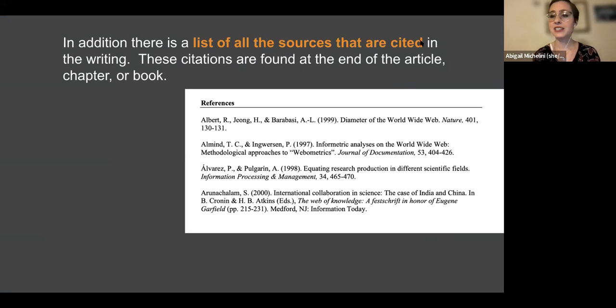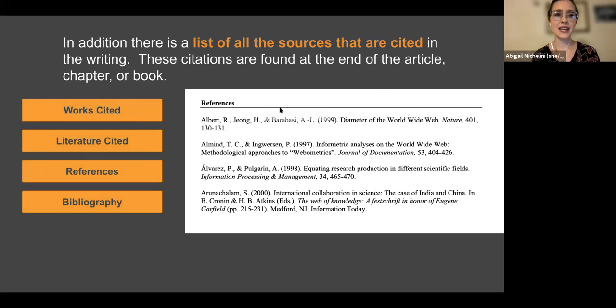All right. So in addition to the in-text citations, there's a list of sources that are cited in writing at the end of the paper, right? These are called references, works cited, literature cited, bibliography. It all depends on the citation style, but they're all the same general thing, right?